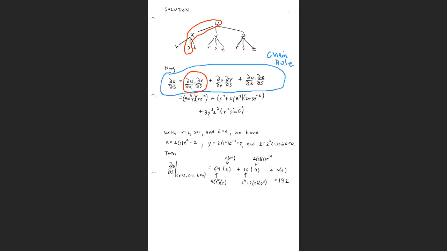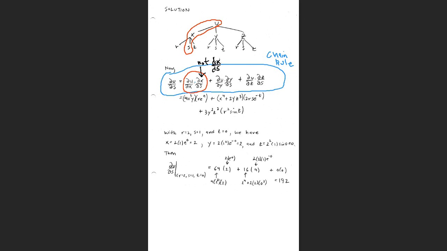But x is then a function of three variables as well. So we multiply by the partial derivative of x with respect to s. That is not dx ds. It's the partial derivative of x with respect to s.